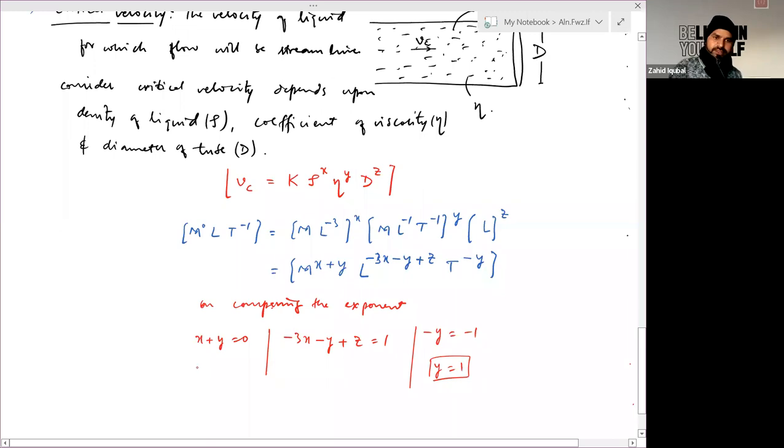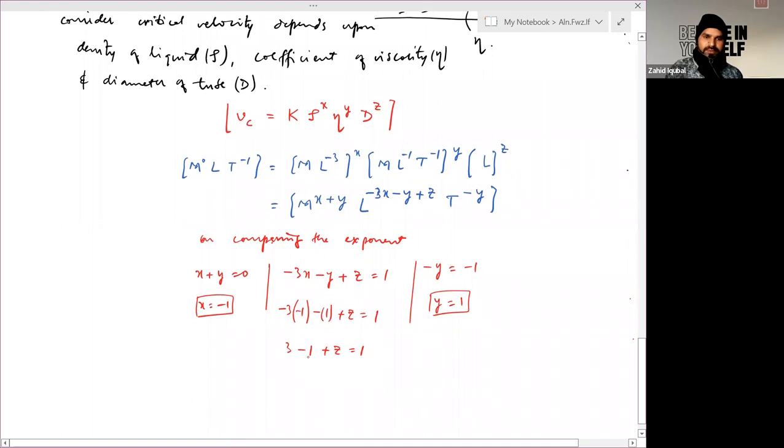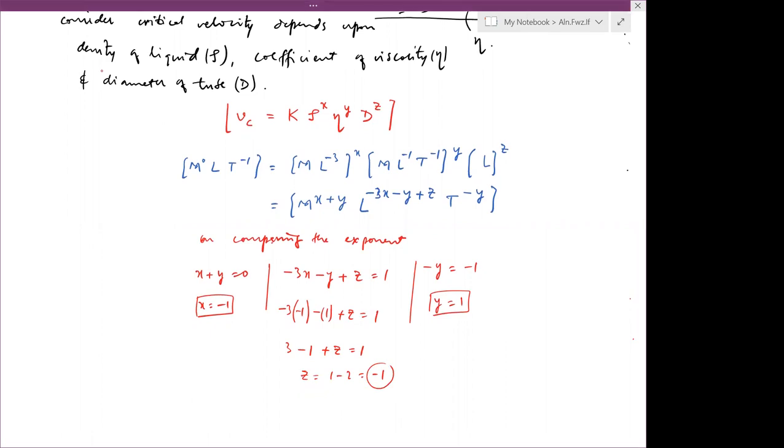Put it in the first equation: x will be minus 1. Put these two terms in the middle one. So minus 3 times minus 1, minus 1, plus z equals 1. So 3 minus 1 will be 2, so z equals 1 minus 2. So it will be minus 1. Ifra, is it clear? Yes, sir.